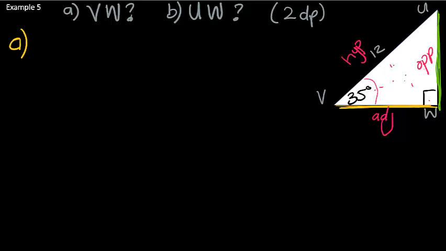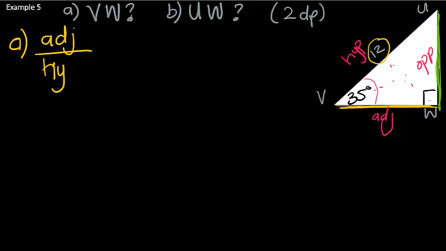So now, what this question is asking me is, what is the length of the adjacent side? Adjacent is what I am being asked for, so it definitely needs to be in my trig ratio. And what I do have in the question is that 12, that is the hypotenuse.